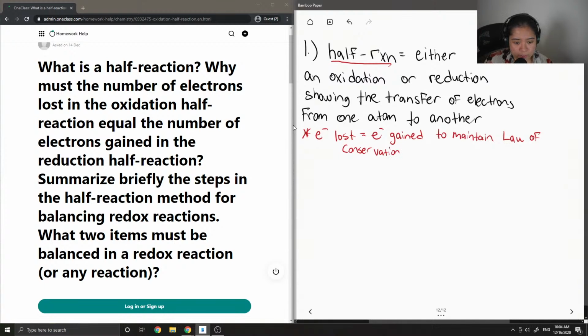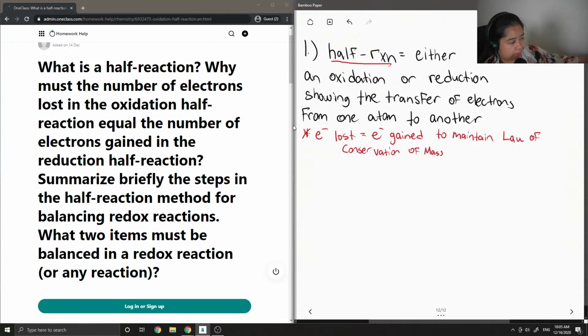The conservation of mass just states that because matter cannot be destroyed or created, if you had electrons leaving, they need to go somewhere. So that's why the number lost is equal to the number gained.